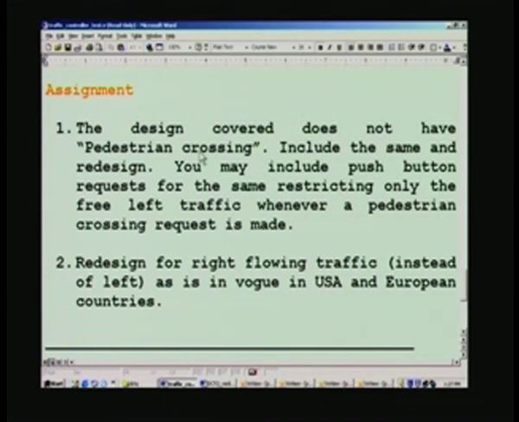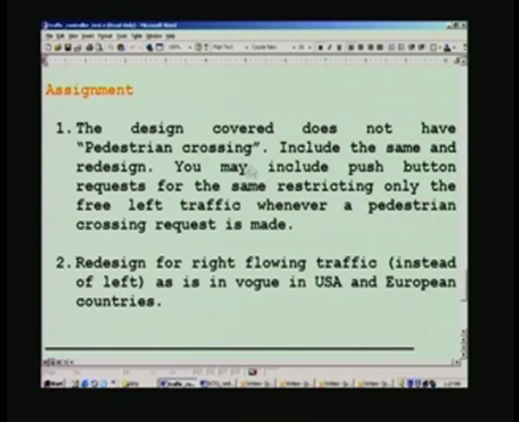For example, if it is straight main and on the side road there is no traffic, therefore pedestrians can cross here. And even here the complexity is that we have a free left traffic that will be a hindrance for the pedestrian.